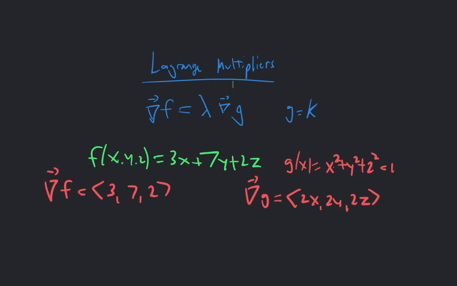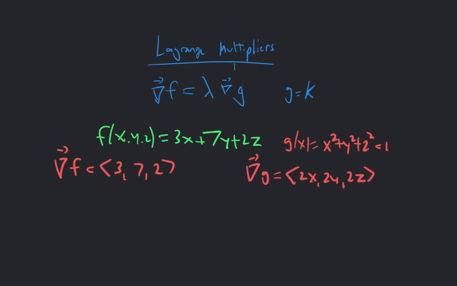Now, when we take our Lagrange multiplier equation, we say, okay, well, 3 is equal to lambda 2x, 7 is equal to lambda 2y, and 2 is equal to lambda 2z.